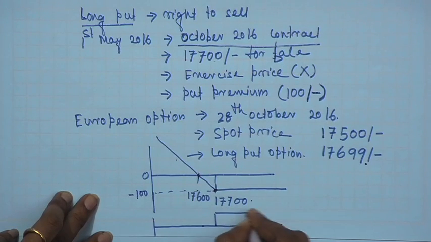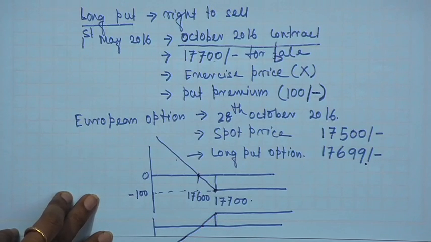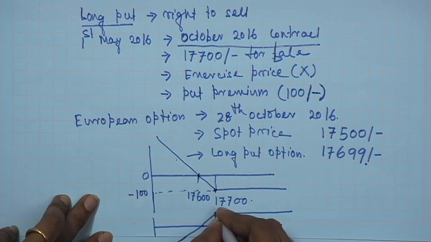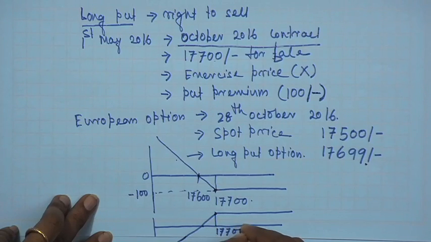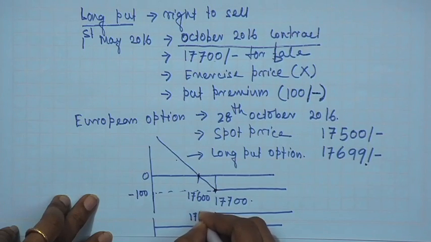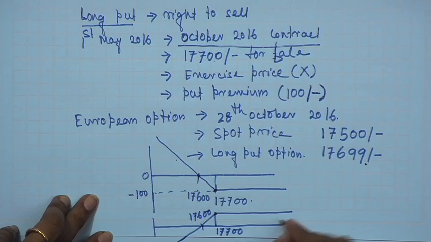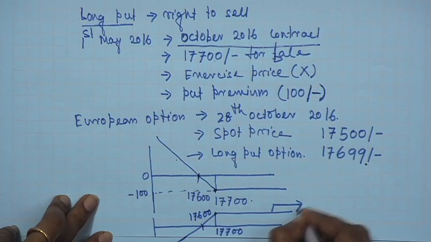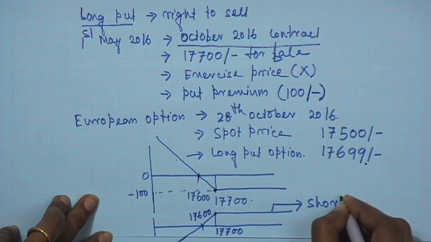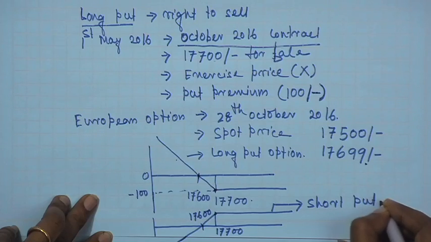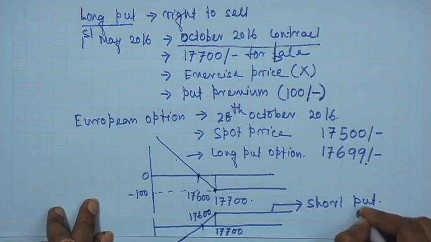So you will have 17,700 and 17,600, and this is the payoff for the short put option holder.